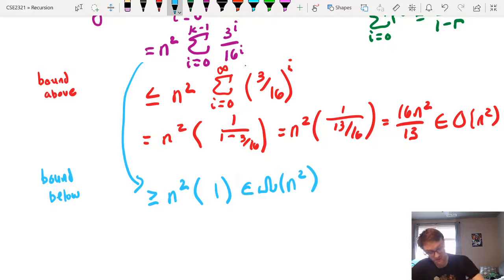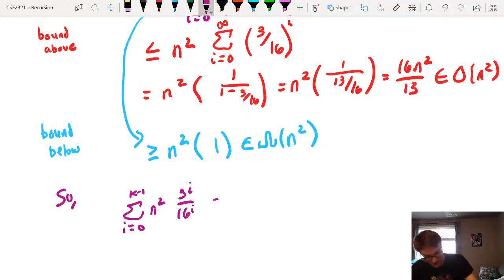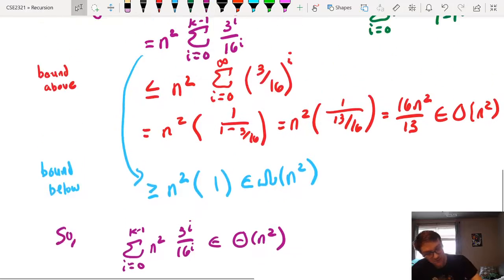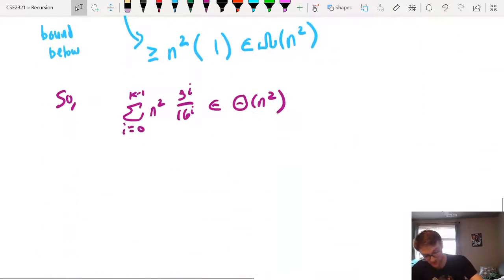It's in big O of n squared, and it's in big omega of n squared. So the original summation from i equals 0 to k minus 1 of n squared times 3 to the i over 16 to the i is in theta of n squared. Now we can take the summation that's appearing inside of my recurrence up here and replace it with theta of n squared. So let's do that.